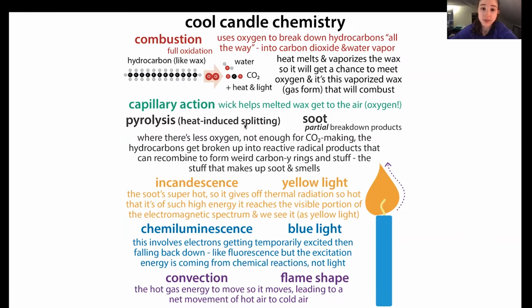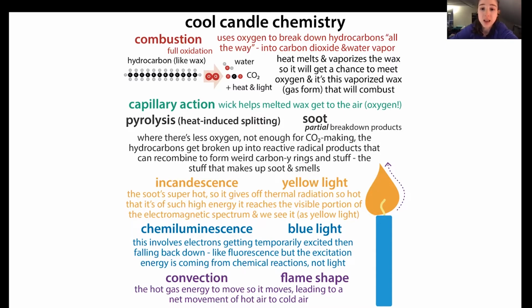You can think of it kind of like how our body has enzymes, these protein reaction helpers, that will actually cut up big molecules before they get further broken down in our metabolism. So the pyrolysis, this heat, can break down these wax chains into shorter chains that can then be combusted more easily.